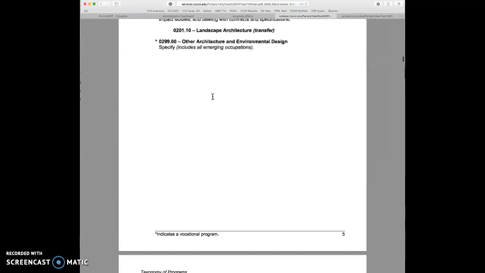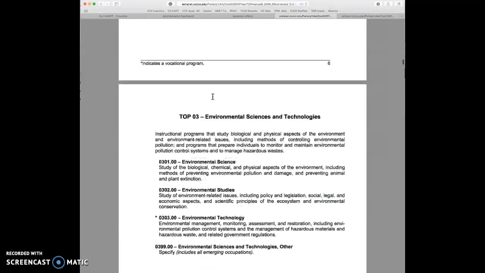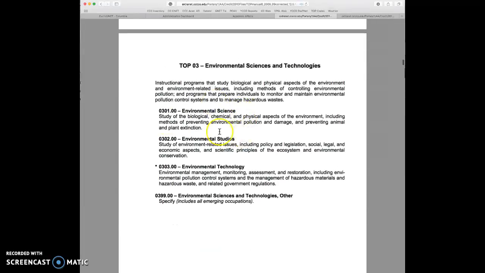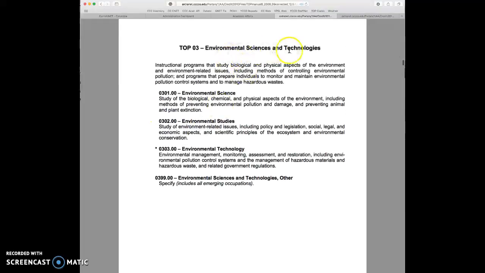Then we move down here to some other ones. Let me find one that is not. Okay, environmental science. You notice here, there is no asterisk. Environmental sciences and technologies. Well, we all think, okay, we could go get a job after studying environmental science, but when we're studying the environmental sciences discipline, we're not necessarily getting job-ready skills.